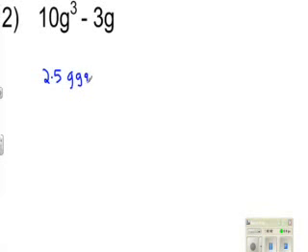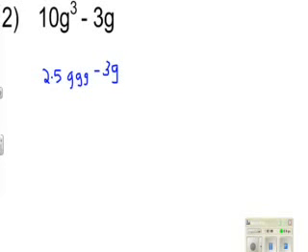Let's try this one. Now, 10 factors out. Prime factors are 2 and 5. 2 times 5 is 10. Those are both prime. Can't break it down anymore. You can make a tree if you want, but it's not going to be a big tree. And 3 g's, minus 3 and a g. 3 is prime. There's nothing you can do with it.